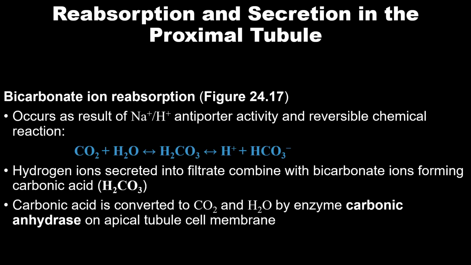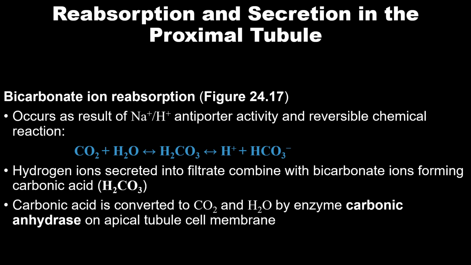Now we also have bicarbonate ion reabsorption, and this is going to be very, very similar to the carbonic acid bicarbonate buffer system that you guys should have covered in A&P 1. If you remember, carbon dioxide in the blood is going to react with water and produce carbonic acid. This reaction is catalyzed by an enzyme, carbonic anhydrase.